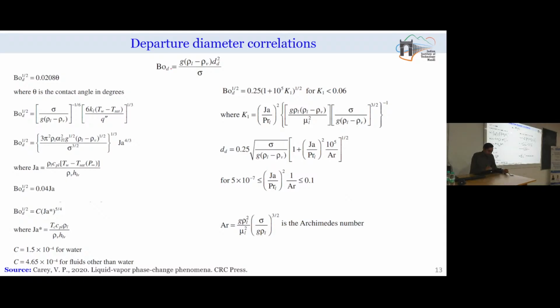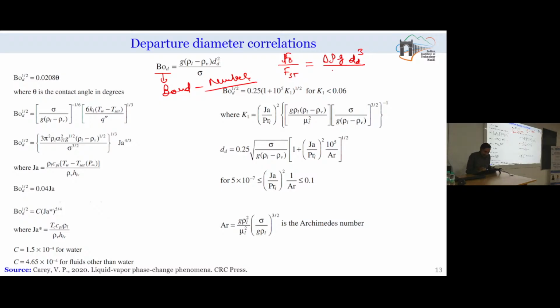So, here we define a non-dimensional quantity called the Bond number. The Bond number is equal to delta rho g divided by sigma. It is nothing but the ratio of the buoyancy force to the surface tension force, F_b by F_st. The buoyancy force will be equal to delta rho g times, where d_d is the diameter of the bubble which is departing, d_d cubed, because we have to determine volume.